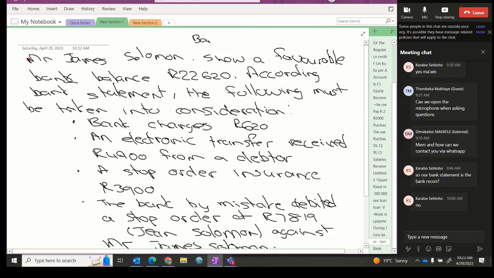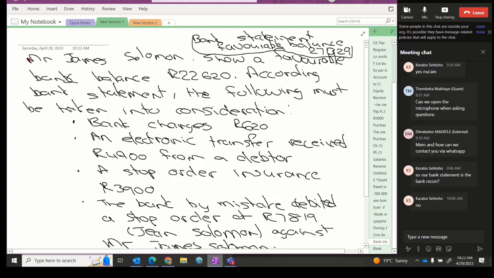The bank statement, because I want to start with the bank recon now, showed a favorable balance of 27329 at the end of February.